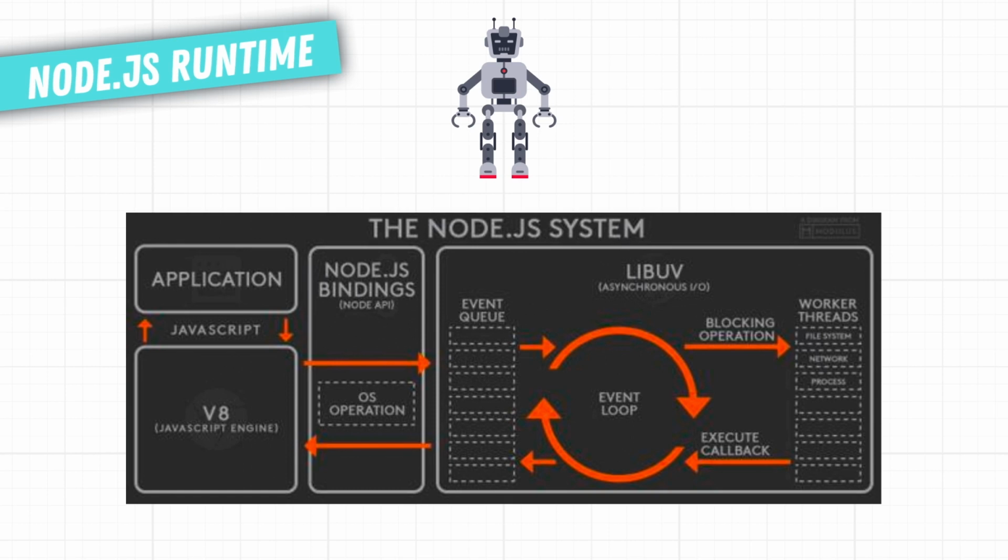And they use something called libuv, which again is written in C++, for us to do these asynchronous operations with the V8 engine. Now, when it comes to Node.js, it does a little bit more than our web browser runtime.